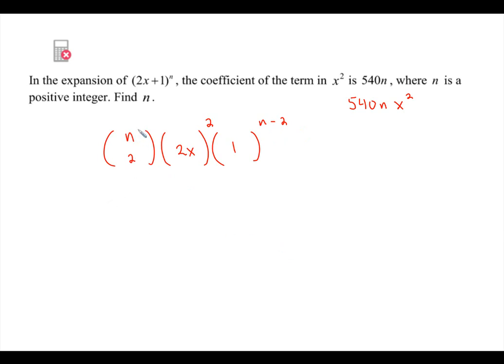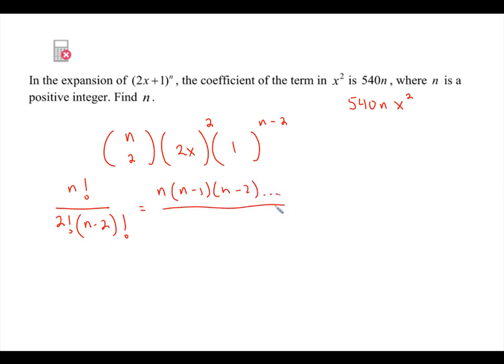So now we need to calculate this binomial coefficient by hand since we cannot use a calculator. So let's set this up. This means n factorial divided by 2 factorial times n minus 2 factorial. What is this going to give us? n factorial means n times n minus 1 times n minus 2 and so on.